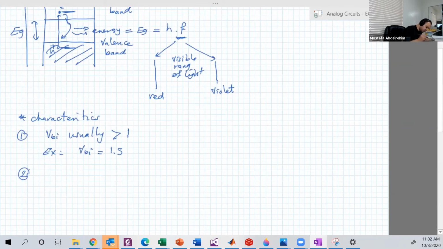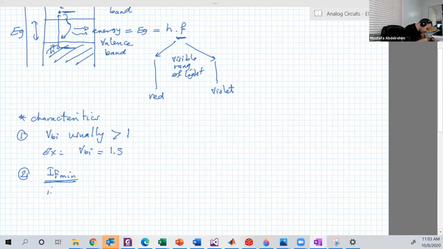Number 2, the light will be visible, since we use these LEDs to see some light. So light will be an indication for us, so we need that light to be strong. So it usually has some I forward minimum, or a minimum amount of current, to give you a proper operation or a proper light for you.